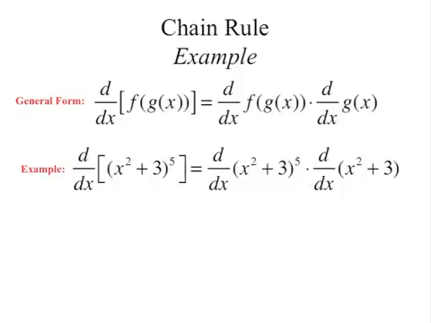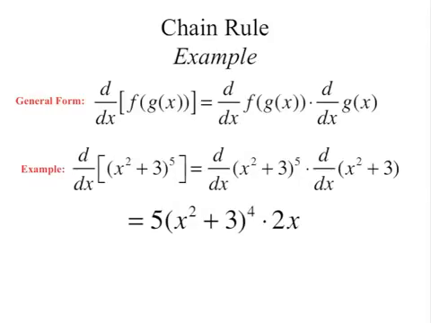So say you have x squared plus 3 all raised to the 5. So you do the derivative of just the outside, leaving the inside intact, and then you do the derivative of the inside. So you bring down the 5 as a power rule. The 5 comes in the front, and you drop the exponent down from 5 to 4.